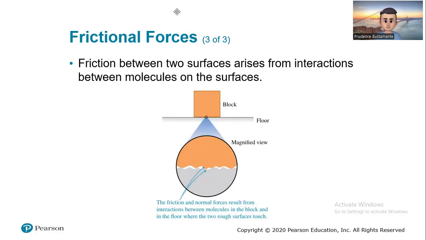If you really look at the molecules between the block and the floor, the friction between the two surfaces arises from interaction between the molecules on the surface. The friction and the normal forces result from interaction between molecules in the block and the floor where the two rough surfaces touch. Okay.